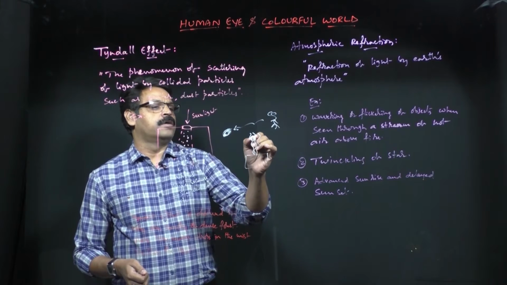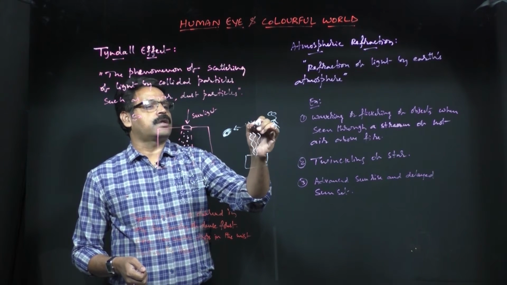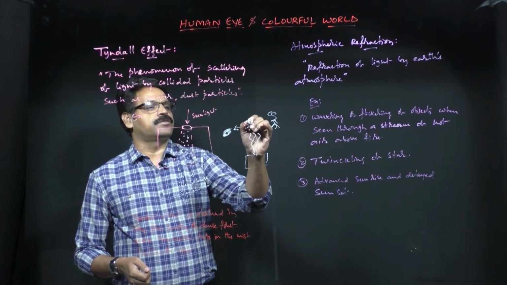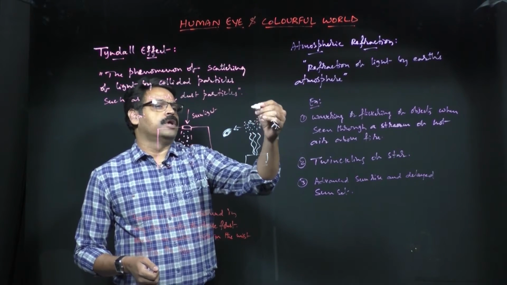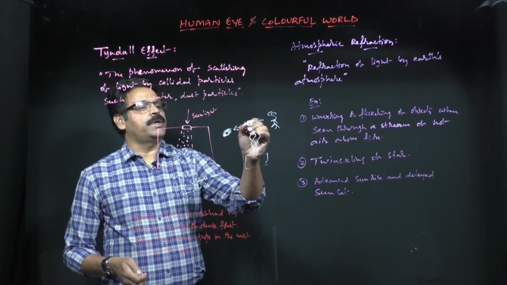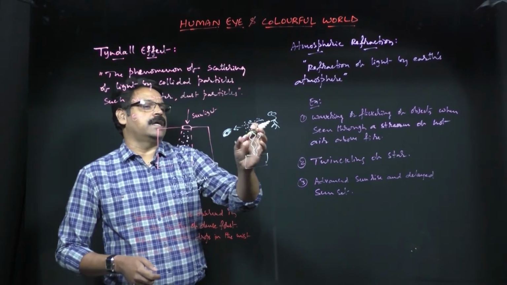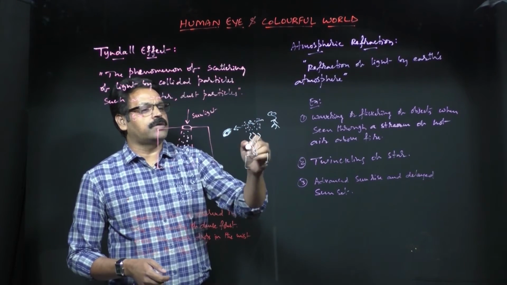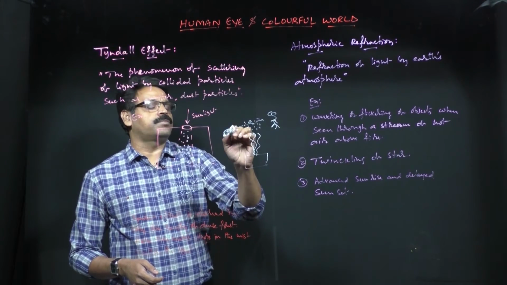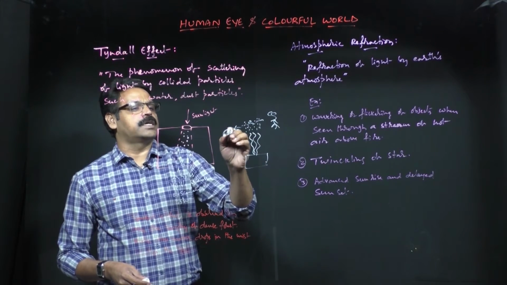Because the air particles near the flame are hot enough that they have a lower refractive index, whereas the refractive index above this is more. Because of the variation in these refractive indices, there will be a deviation in the path. That means the light ray will be deviated, and since the flame is not uniform every time, it is changing its refractive nature, so this object will not be seen as an ideal one. In fact, it will look like a wavery thing.